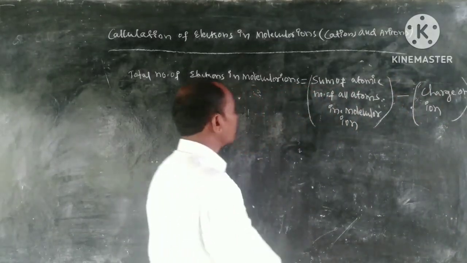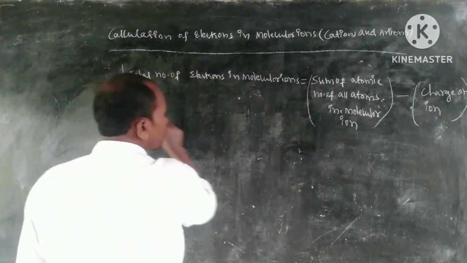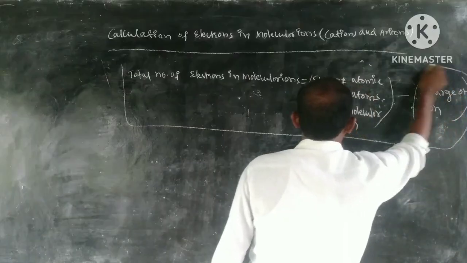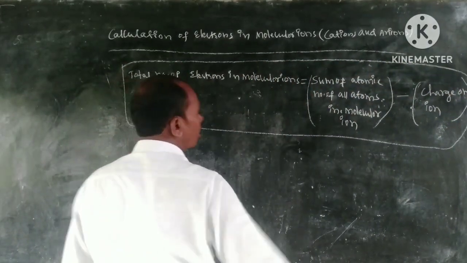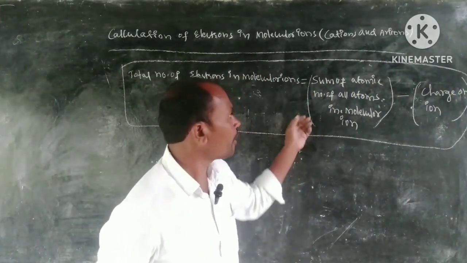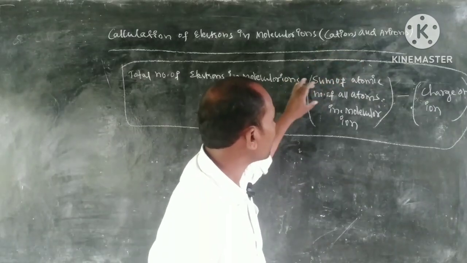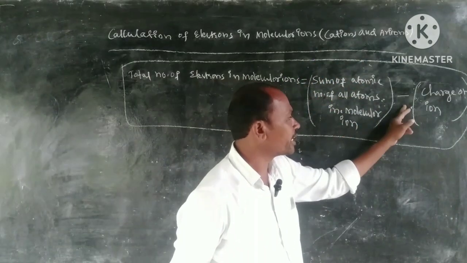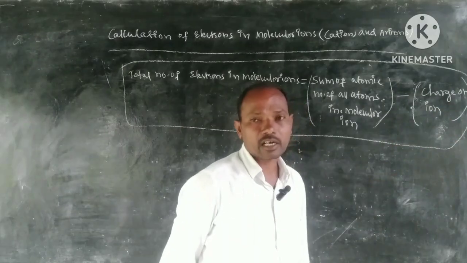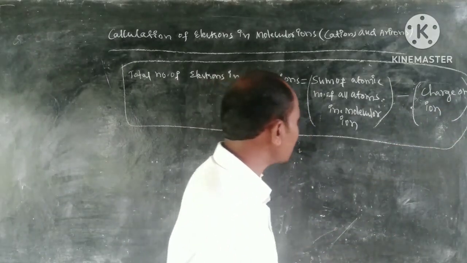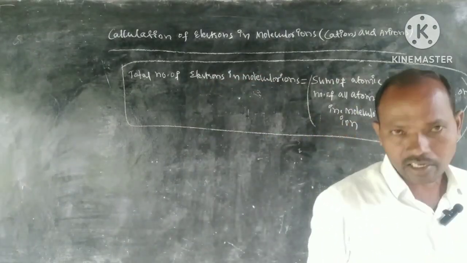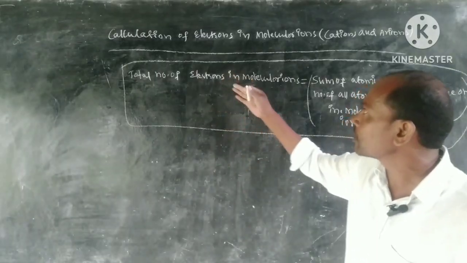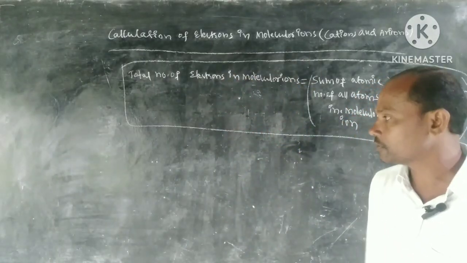So this is the principle for the calculation of the total number of electrons present in molecular ions.